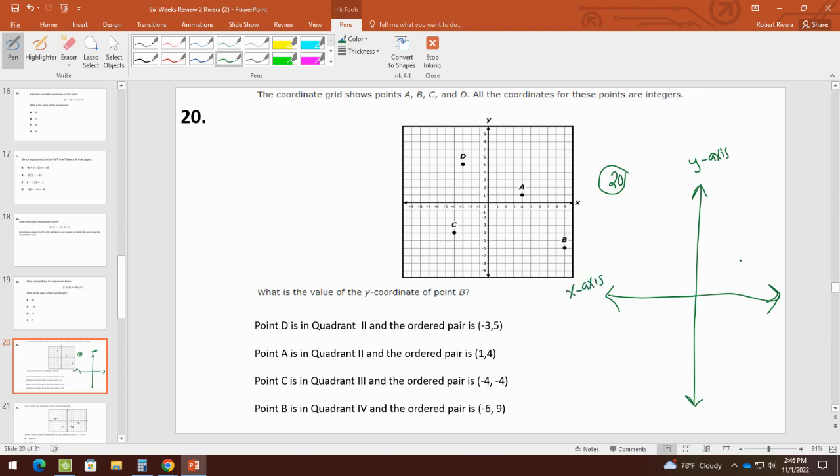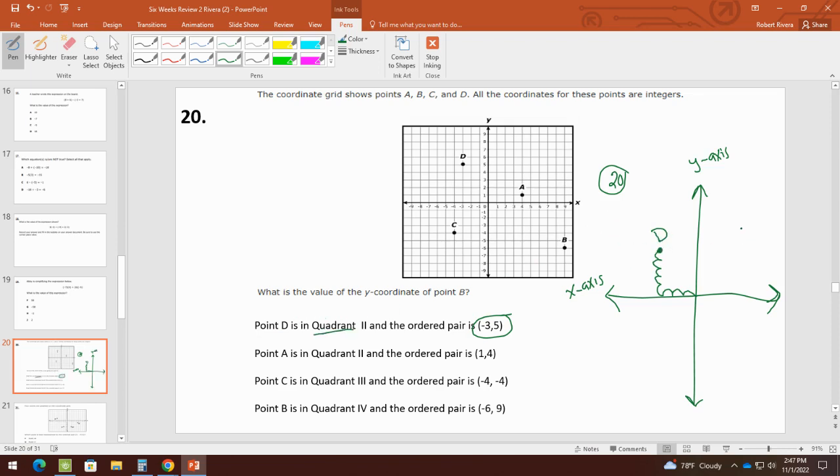Perfect. So now what we're going to do, we're going to plot the first point, this guy, -3, 5. So starting from the origin, which is right here, I'm going to go -1, -2, -3, right to the left, this goes negative. And then up, 1, 2, 3, 4, 5. Put your point, it's going to be point D, and here's what it says, point D is in quadrant 2.